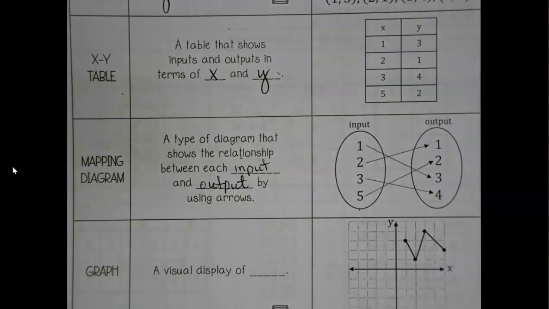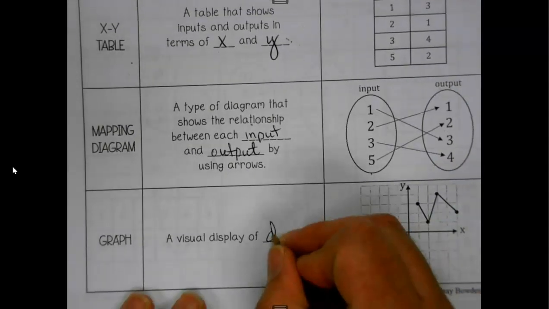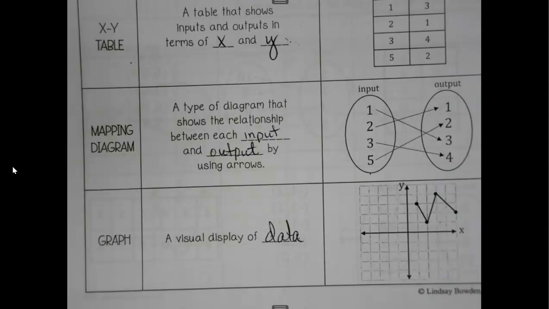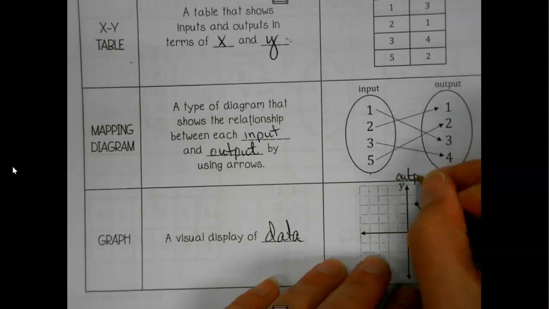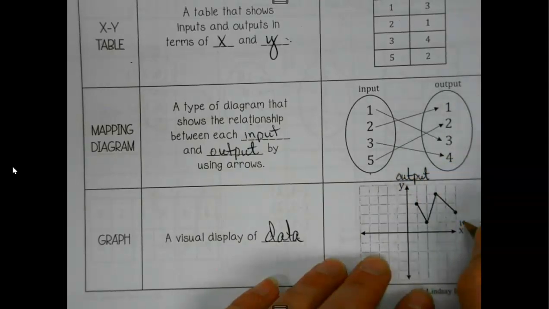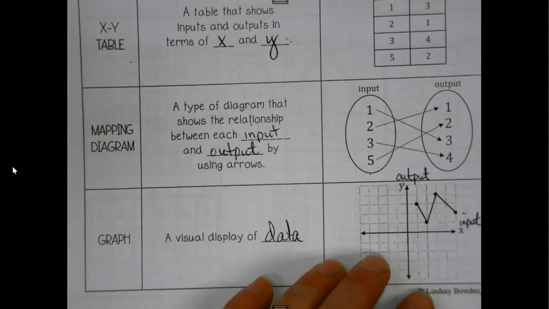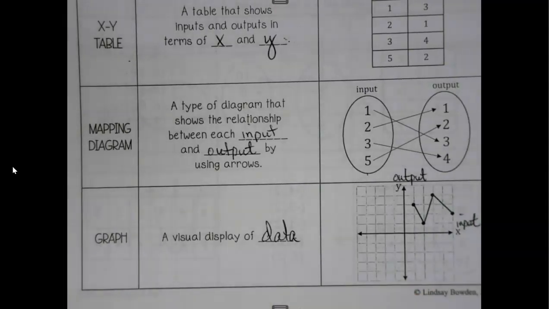And then finally, we can do it graphically by using a visual display where I plot all of the points. Y is like my output, and x is basically my input values. All 4 of those things say the exact same thing.